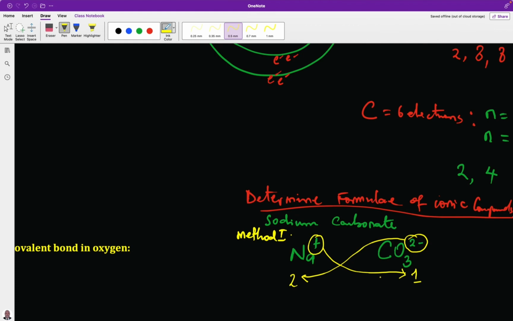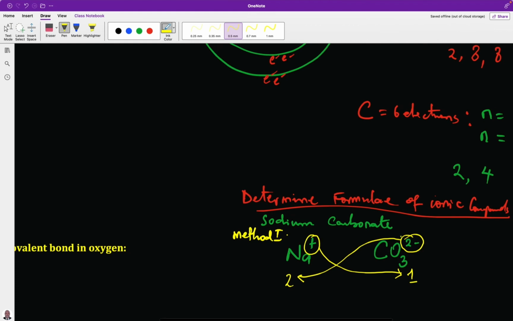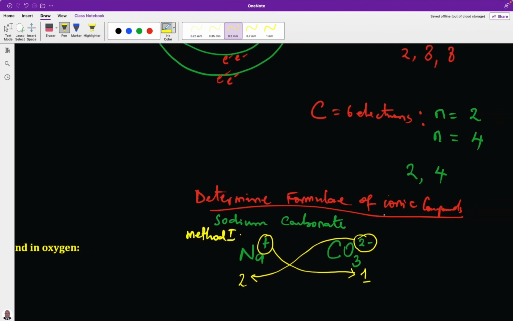Now, what will the formula of this compound be? It will be sodium, there are 2 sodium, so we put a 2. And the carbonate, there's only 1 carbonate, so it remains. That is the formula.